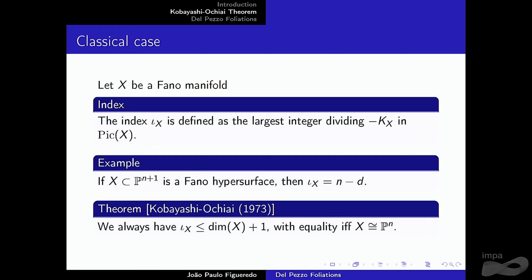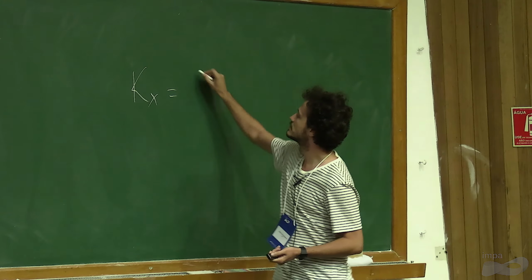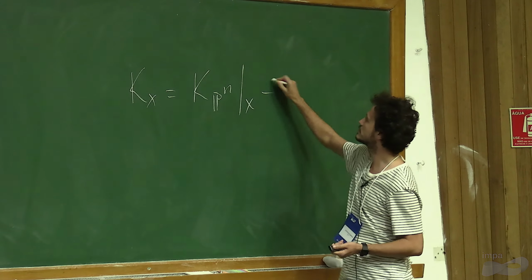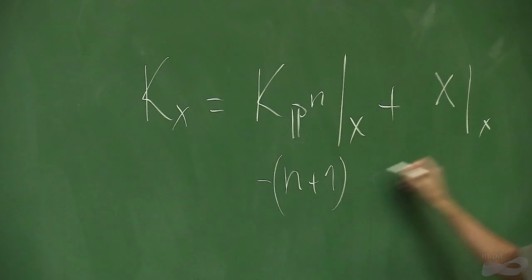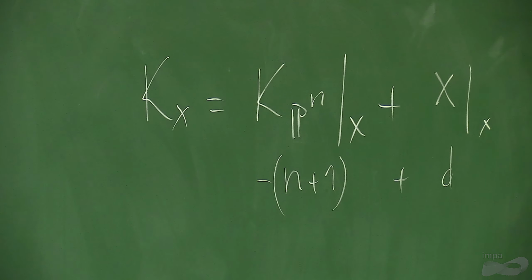So for instance, if X is a Fano hypersurface, you can calculate the canonical bundle of X and show that the index is n plus 2 minus d, where d is the degree of X. So this should be n plus 2 minus d. No, this is n plus 2. No?